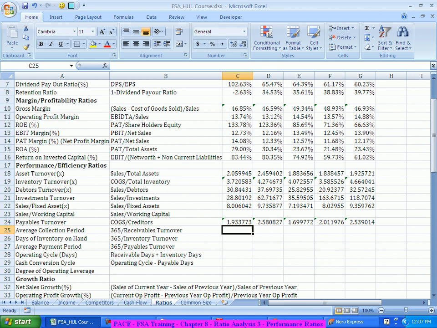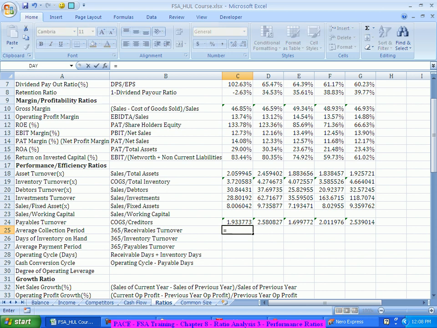In some cases I will collect after 30 days. In some cases I will collect after 60 days. On an average, what is the collection period? The lesser the collection period, the faster I am getting the cash out of my sales, which is coming out through 365 divided by your debtors turnover ratio.